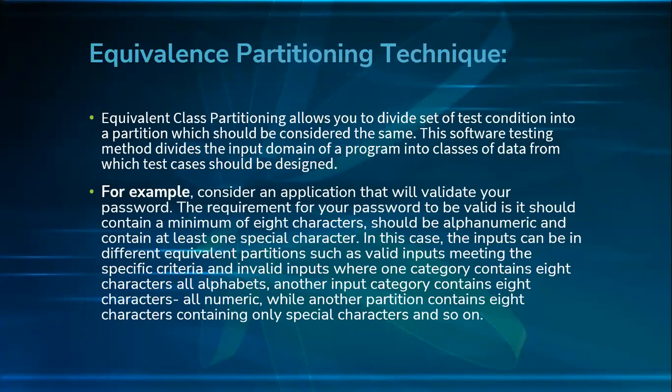It should be alphanumeric. That's the second condition. And the third thing, it should have at least 1 special character. 3 things to be considered. First, characters, it should be a minimum of 8. Alphanumeric, both alphabets and numbers. Special characters: exclamation, asterisk, dollar, pounds, the likes.